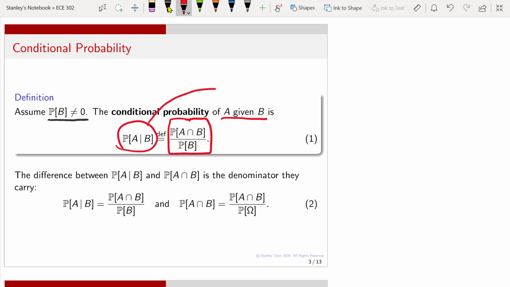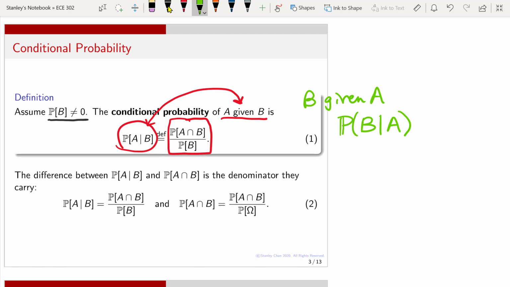So this notation really has to match which conditional probability you are talking about. If you're referring to A given B, then you write it as P of A given B. If you are looking at the conditional probability of B given A, then it will be written as P of B given A. Now, the conditioning is very important.